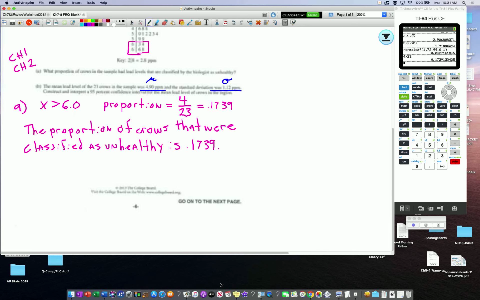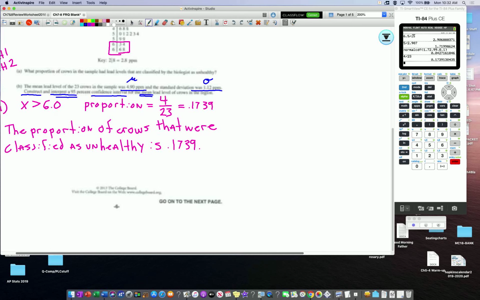So it says to construct and interpret a 95% confidence interval for the mean lead level of crows in the region. It's a little bit hard for me to read, this is a little fuzzy, but I know you have it. So there's the mean. So I know I want to do a 95% confidence interval.